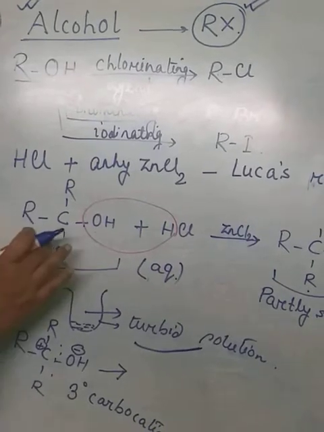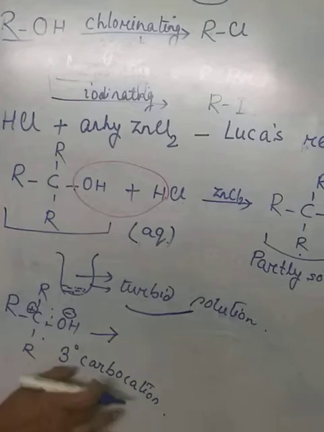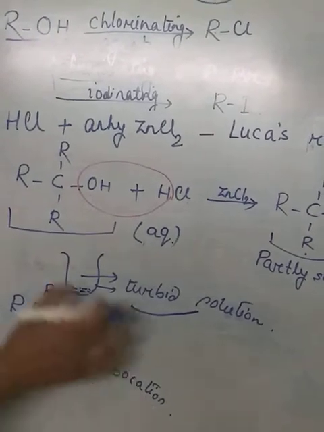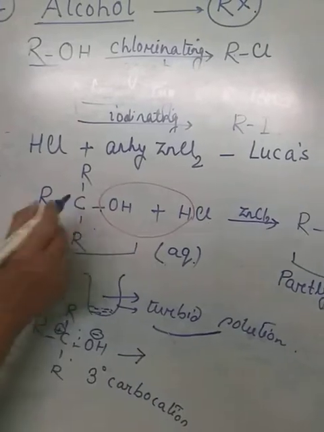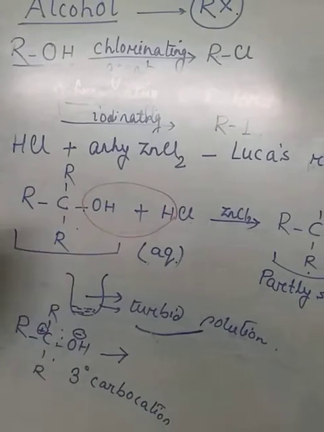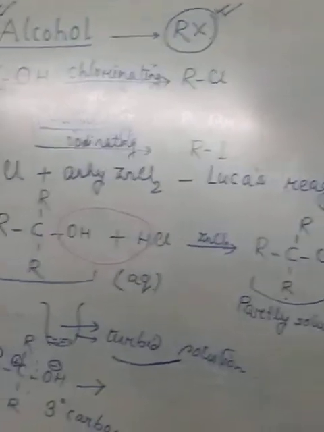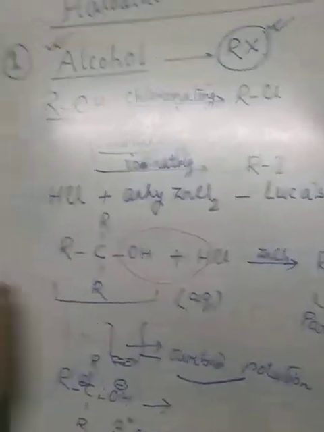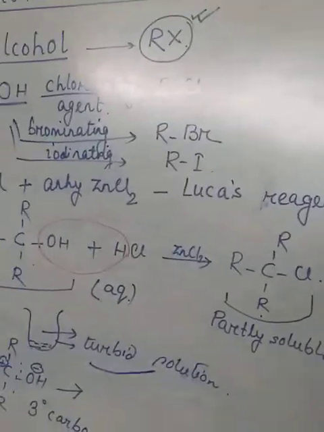And of course, if it is a secondary alcohol, the carbocation is a little less stable than tertiary, so this turbidity or milkiness appears for secondary alcohol after a certain period of time. And for primary alcohol, the reaction will never occur unless and until we elevate the temperature.